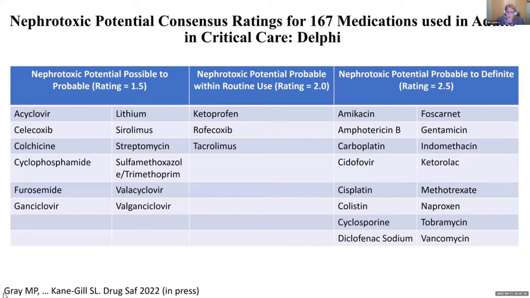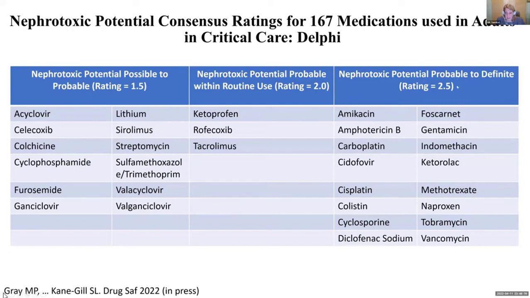We've gathered opinions from both international physicians and pharmacists to better understand how nephrotoxins are ranked, with regards to possibly or probably nephrotoxic at a rating of 1.5. Probable is the potential for nephrotoxicity being probable with routine use, and that's a rating of 2. And the nephrotoxicity is probable to definite.